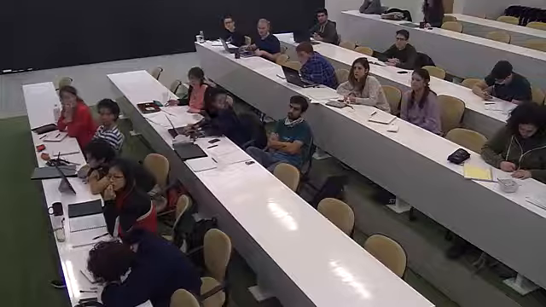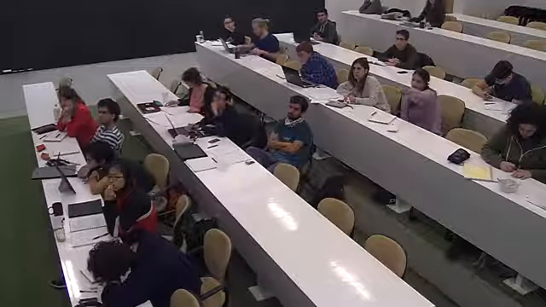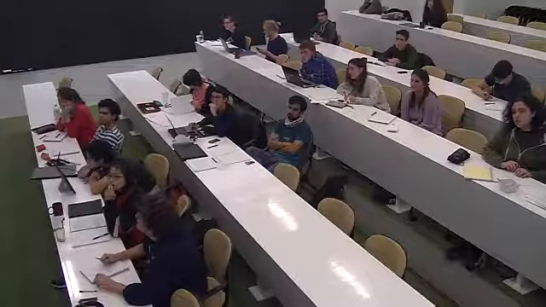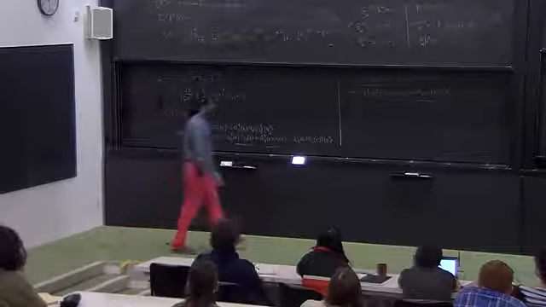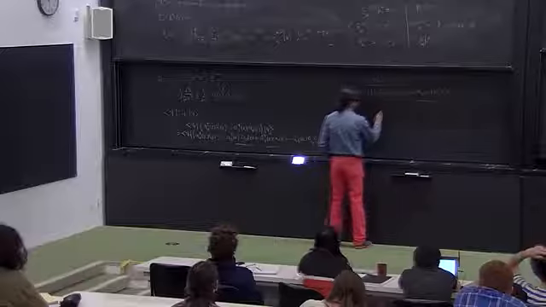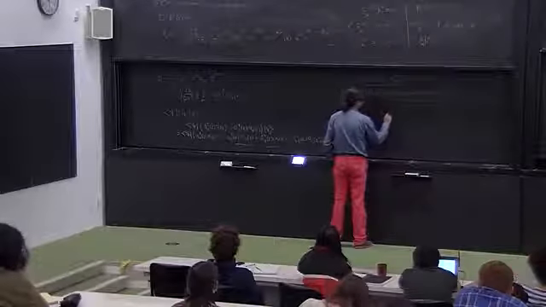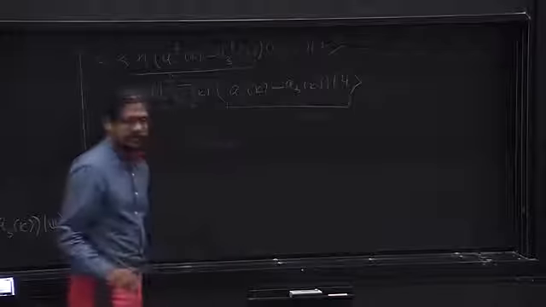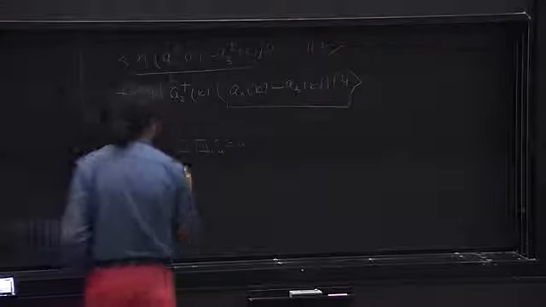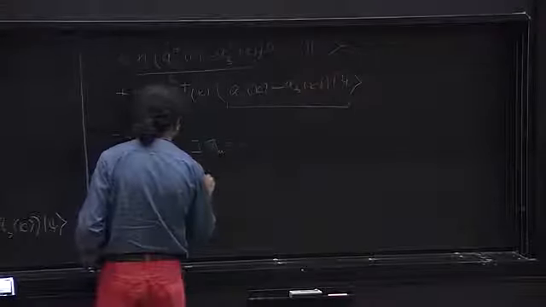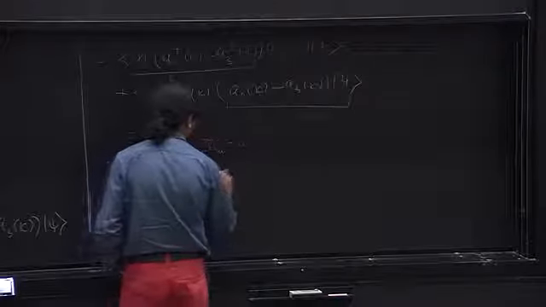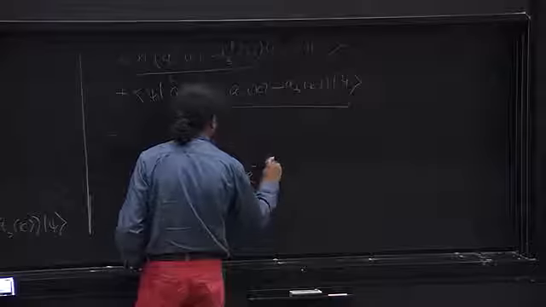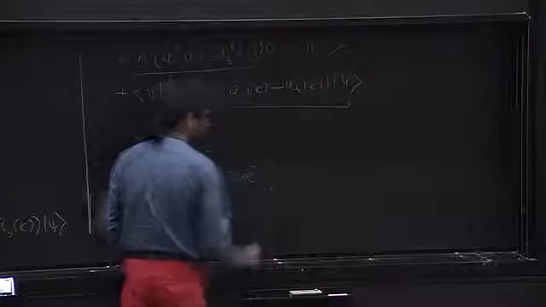About this lambda index in general, when we write down the solution of A mu, why are we summing over lambda? What is lambda? Okay, so when we first solved this equation, we said this is a 4 vector, right? We took our ansatz to be this.